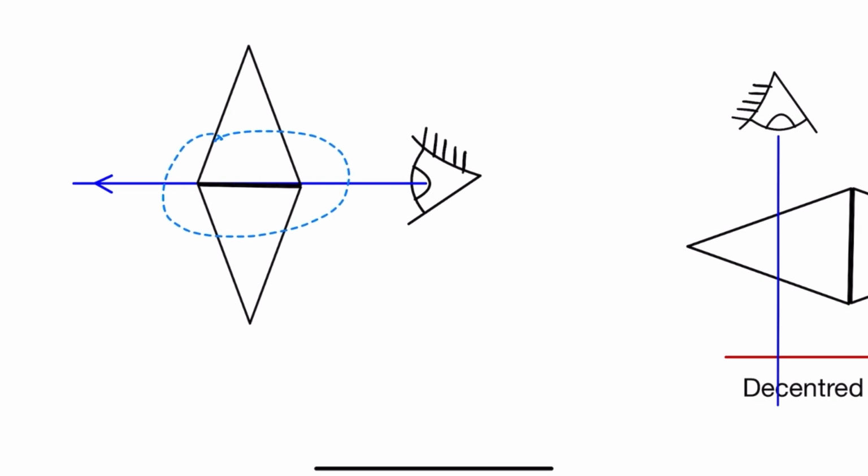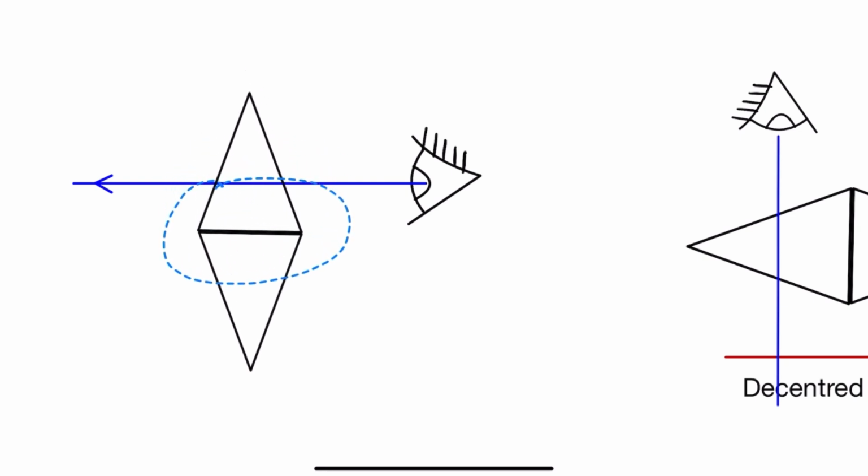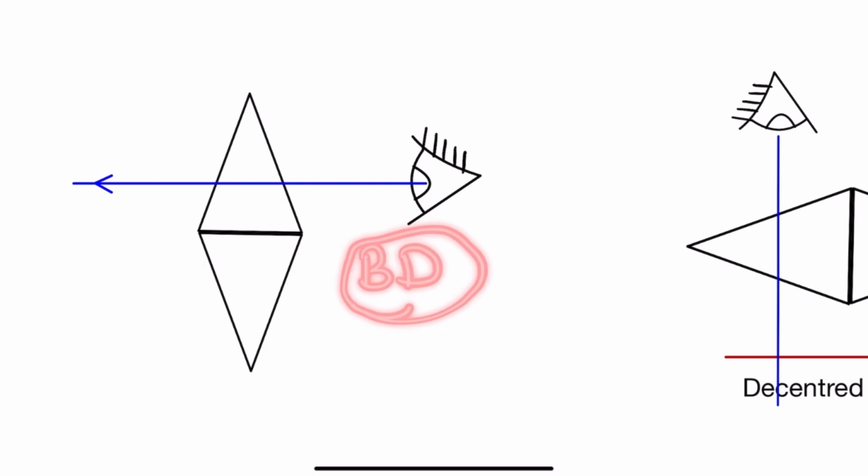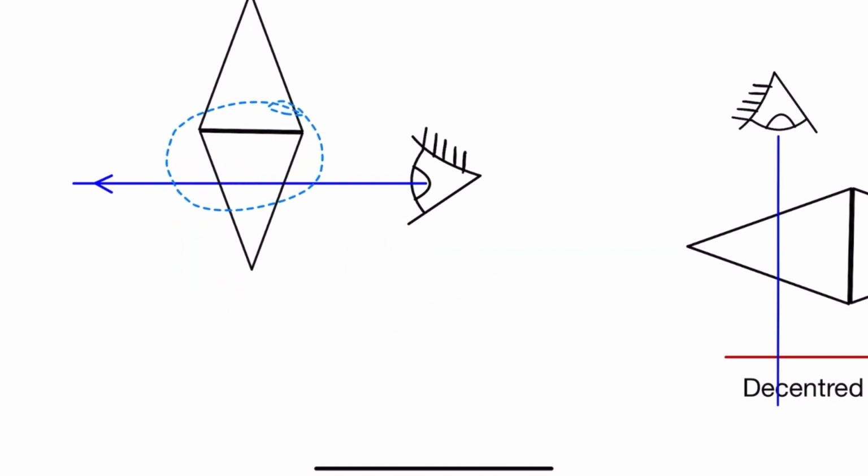There will be no prismatic effect induced. But if the lens is decentered downward, a base down prism is created in front of the eye. If the lens is decentered upward, a base up prism is created in front of the eye.